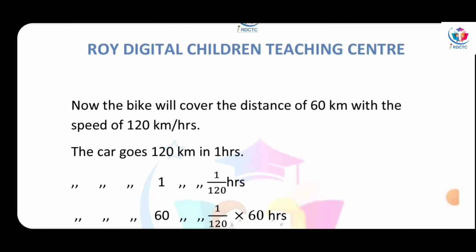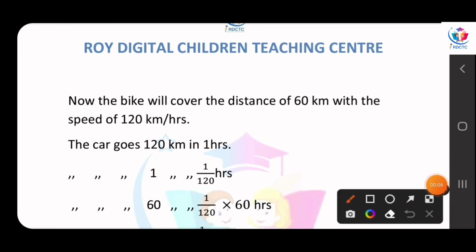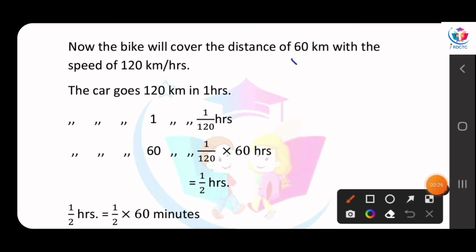Next, now the bike will cover the distance of 60 km with the same speed of 120 km per hour. Okay, to cover 60 km at the same speed, the bike will take how much time?